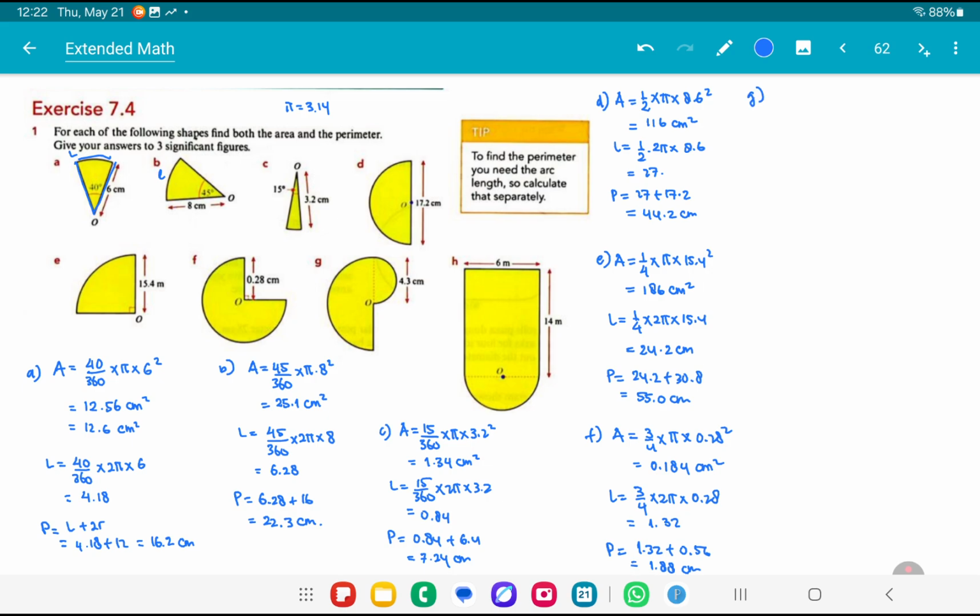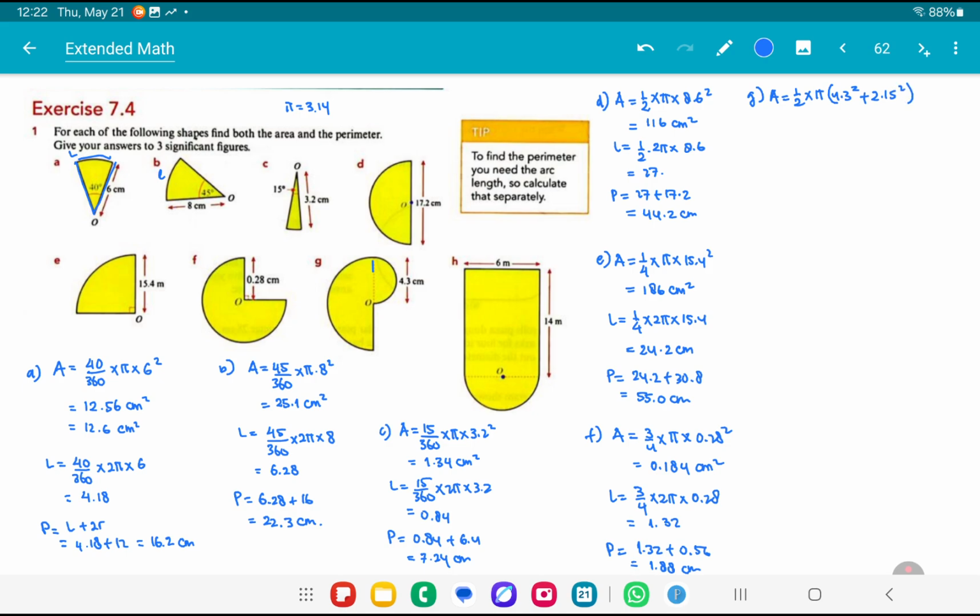For question G, we got 2 semicircles. So the area equals half of the first circle, pi multiplied by the square of the radius 4.3, plus for the smaller circle, the diameter equals 4.3, so the radius equals 2.15 centimeter.